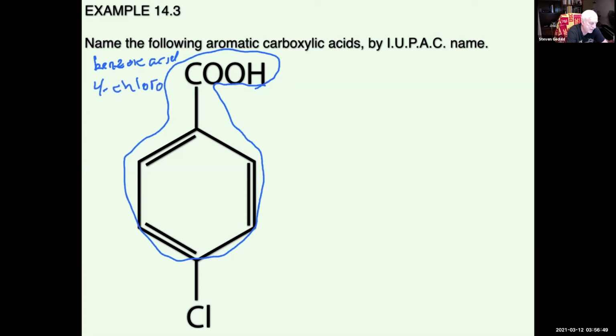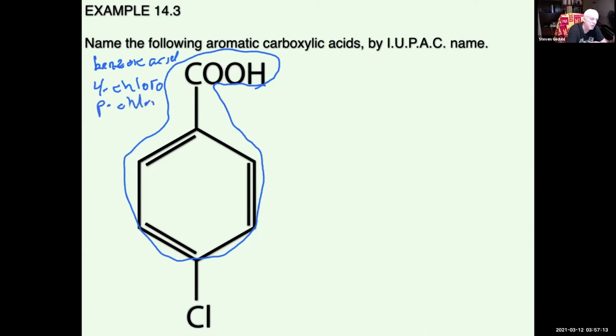benzoic acid. If I didn't want to put 4, what else could I put since that's a benzene ring? Would it be ortho, meta, or para? Para. So I could put p-chloro.